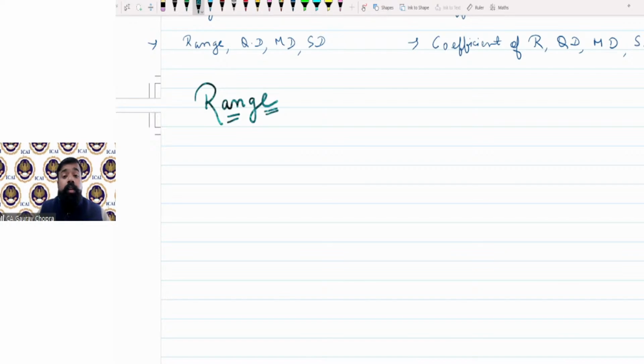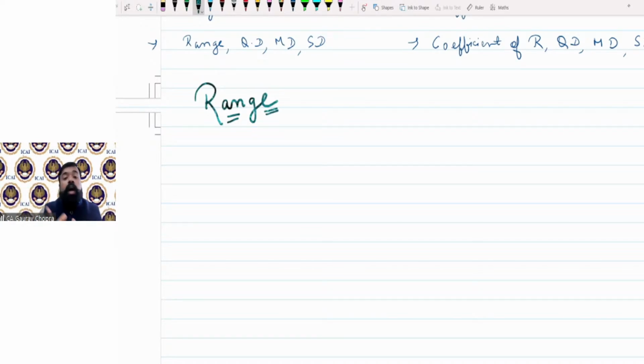Now we have heard this word in our practical life. Whenever we go for shopping, let's say we are going to purchase a mobile phone, then the shopkeeper asks us a very simple question: किस range में देखना है? आपको mobile phone किस range में देखना है?